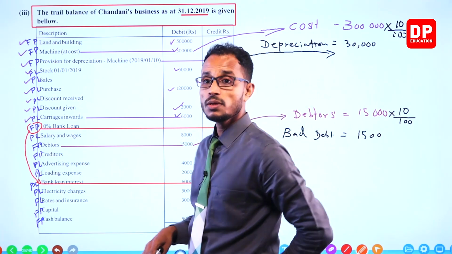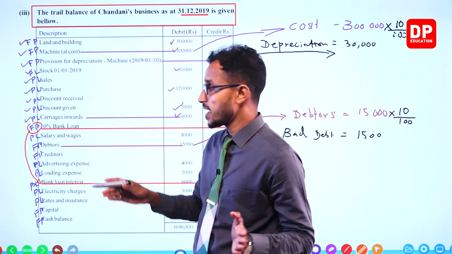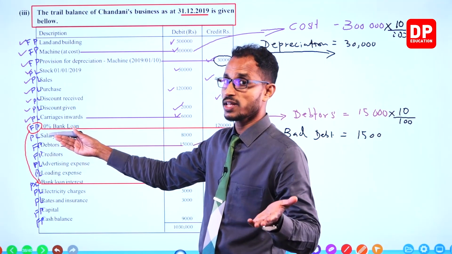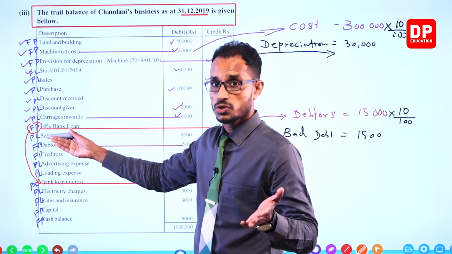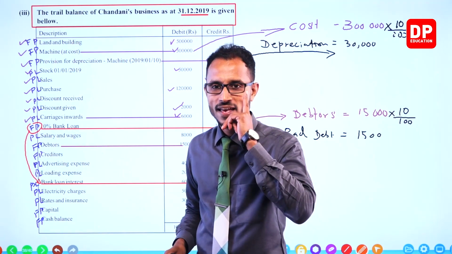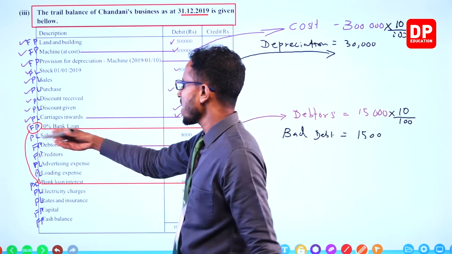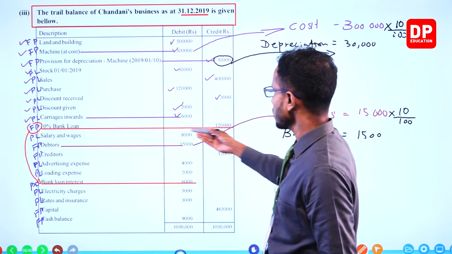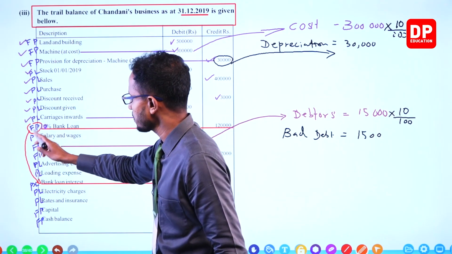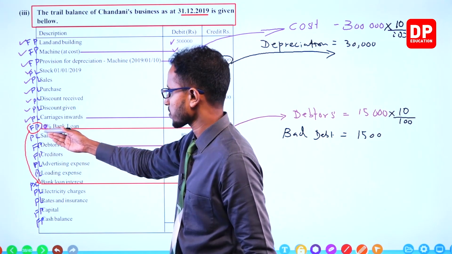Done. Now the bank loan adjustment. We already marked the bank loan adjustment, and I explained it. You should know that there is an adjustment here. Bank loan is a 10% bank loan, given right here.